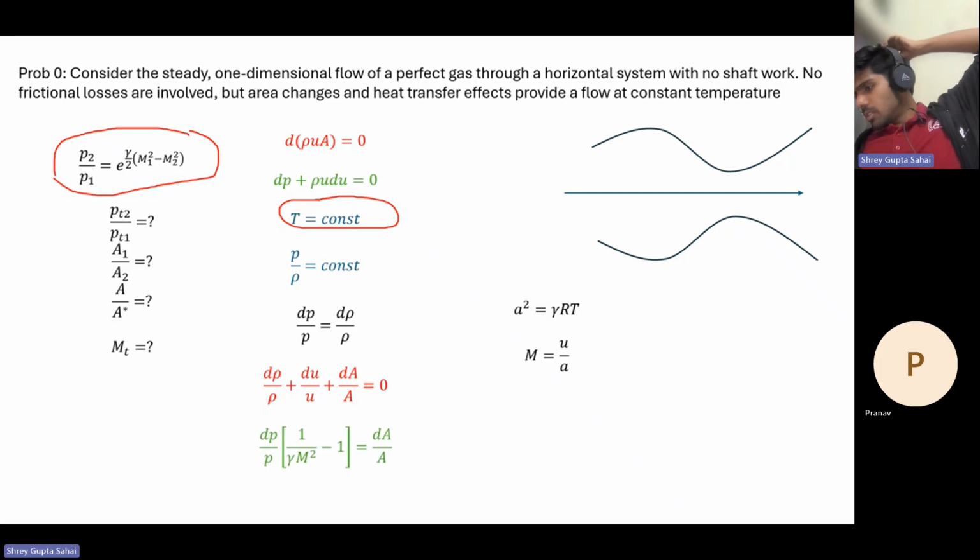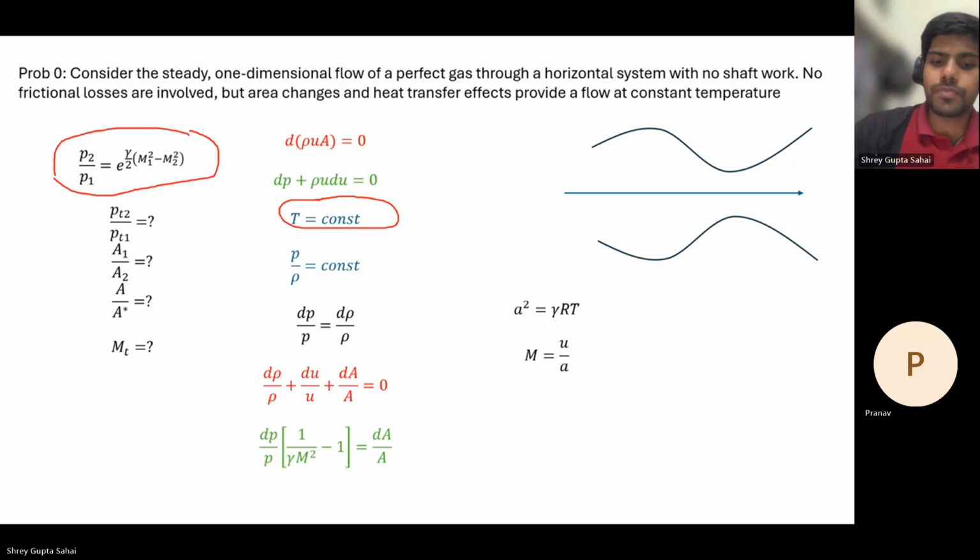Then what is this? Let me see, dp by rho is... yes. Okay, fine. So the way I did this problem before was in this manner.